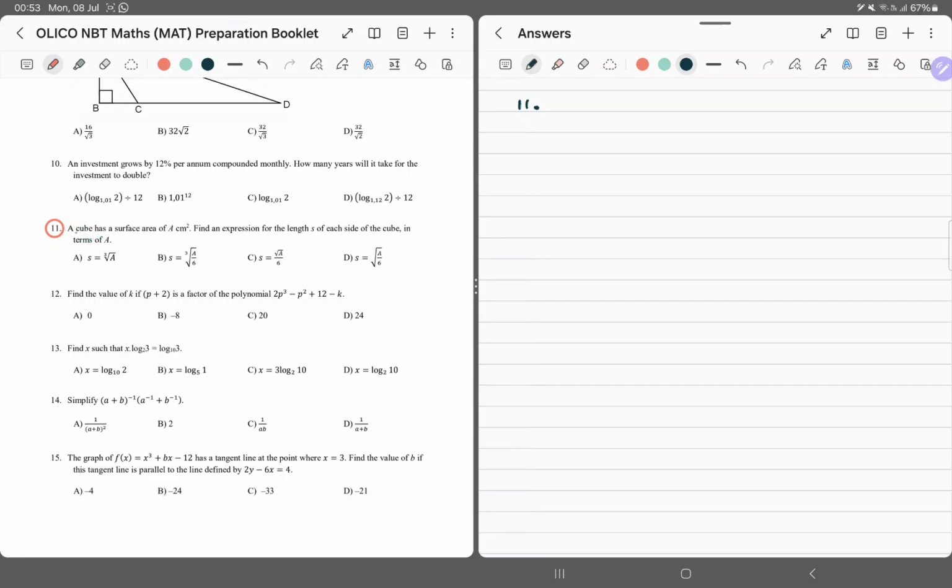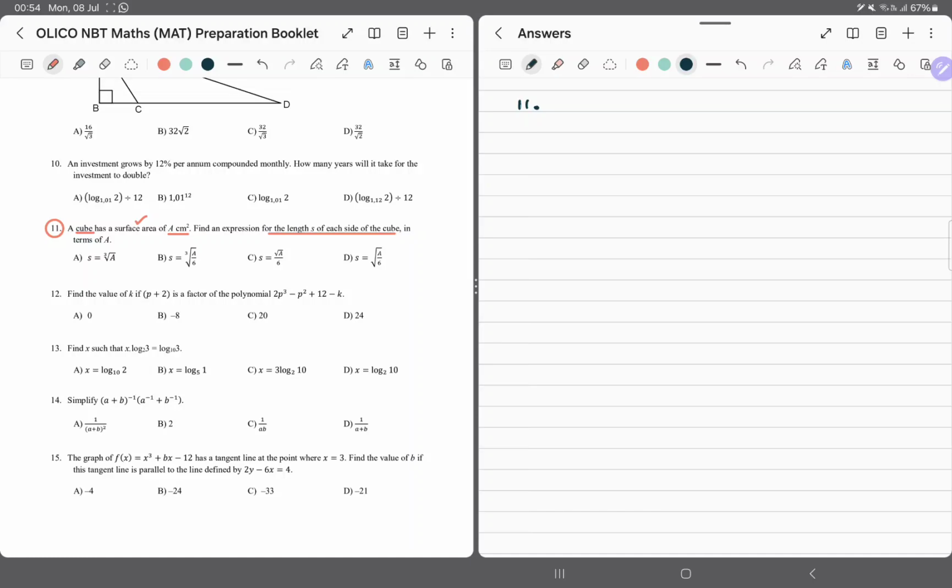So a cube, again, it's a square prism, if you will, has a surface area of A centimeters squared. Okay, surface area. Now we need to find the expression for the length S of each side of the cube in terms of A. So this is easy.